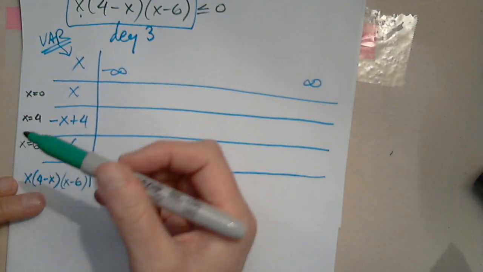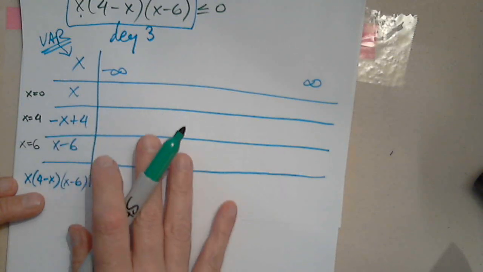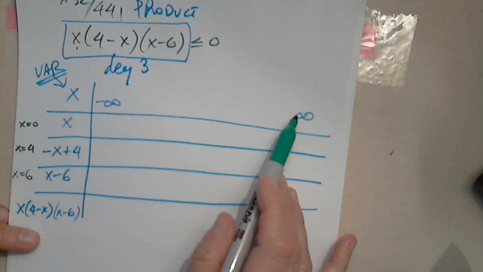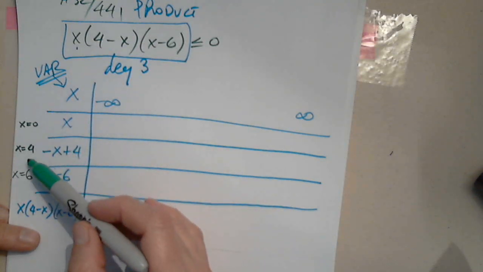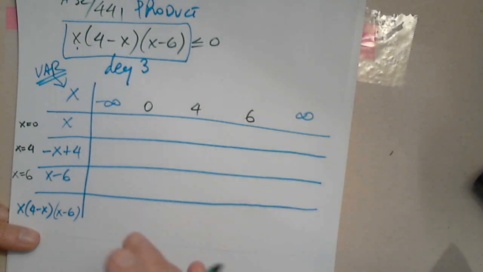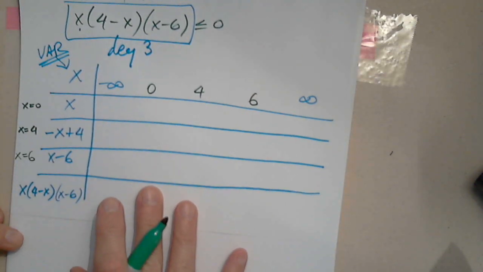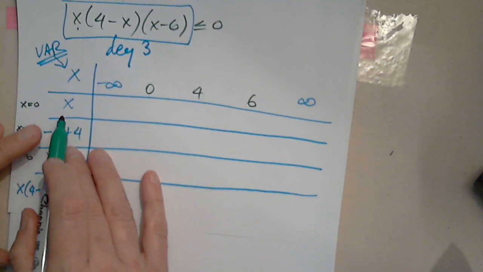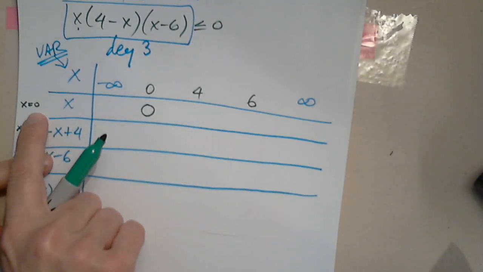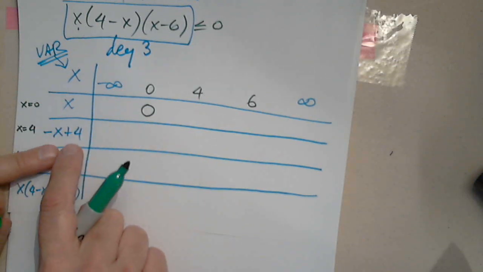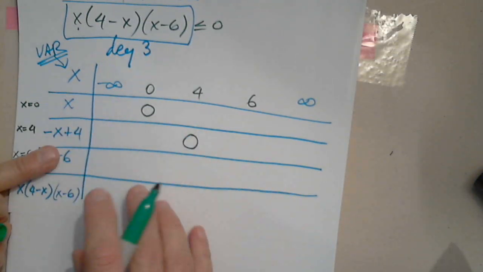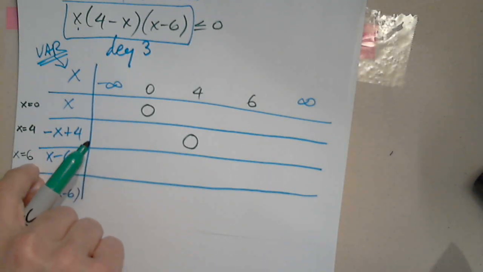Very good. These three numbers have to be put at the top where the variable is, where x is, in the correct order, in ascending order: 0, 4, 6. For x, there is a 0 under 0. As long as this is 0, I put 0 under 0. For negative x plus 4, it is under 4. For x minus 6, it is under 6.